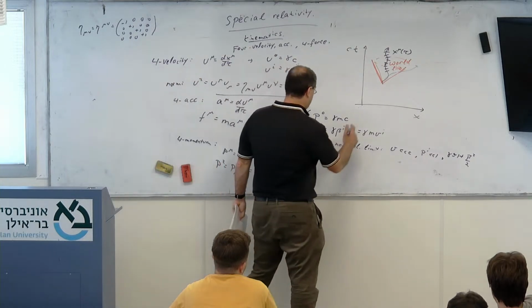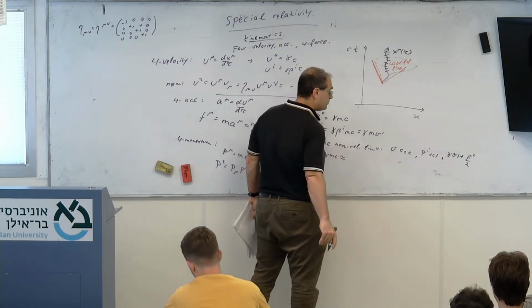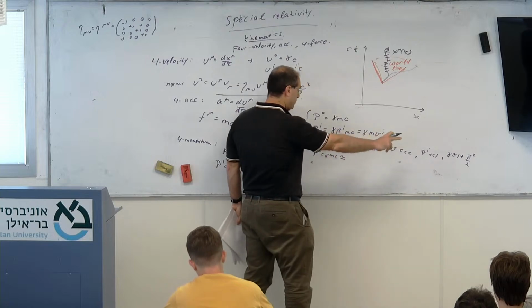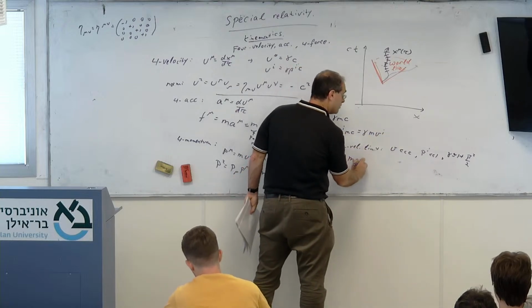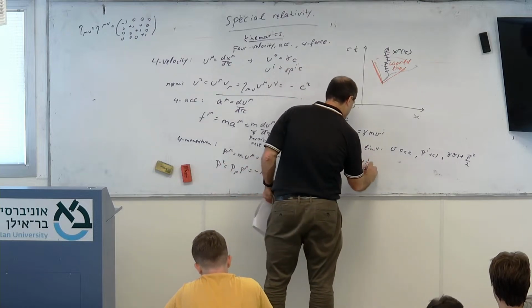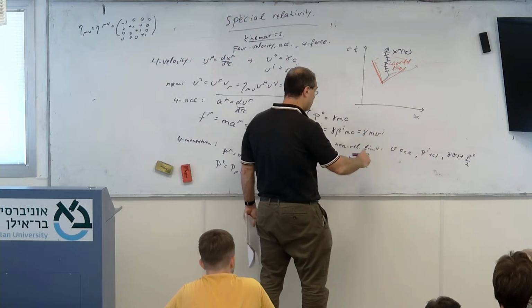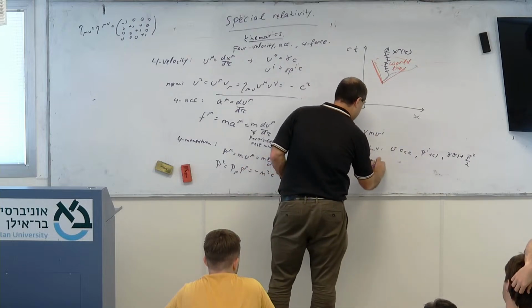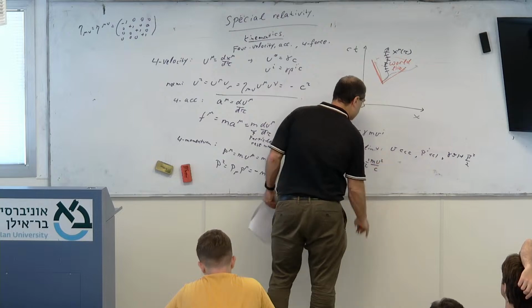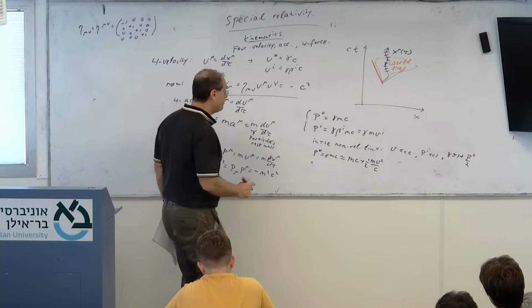So what is P0? Just plug it in here. I have m c plus 1/2 m beta squared c, where beta squared is v over c squared, so it's m c plus 1/2 m v squared over c. And what is Pi?